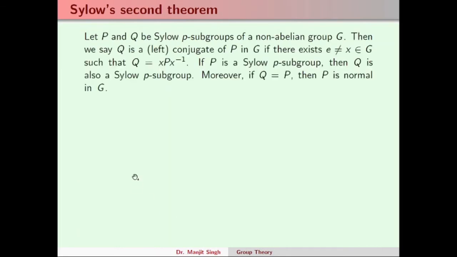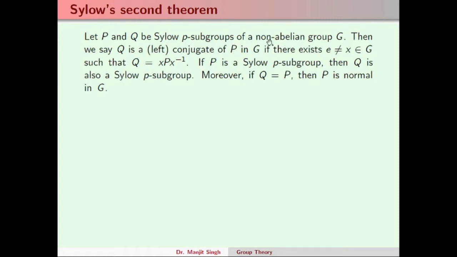In the next situation, we will consider Sylow P-subgroups. There may be more than one Sylow P-subgroup of a finite group G, and we are considering here non-abelian groups, because if we consider an abelian group, then according to Sylow's second theorem, which we will prove here, these Sylow P-subgroups will be conjugate, and in case of an abelian group, they will coincide with the Sylow P-subgroup.